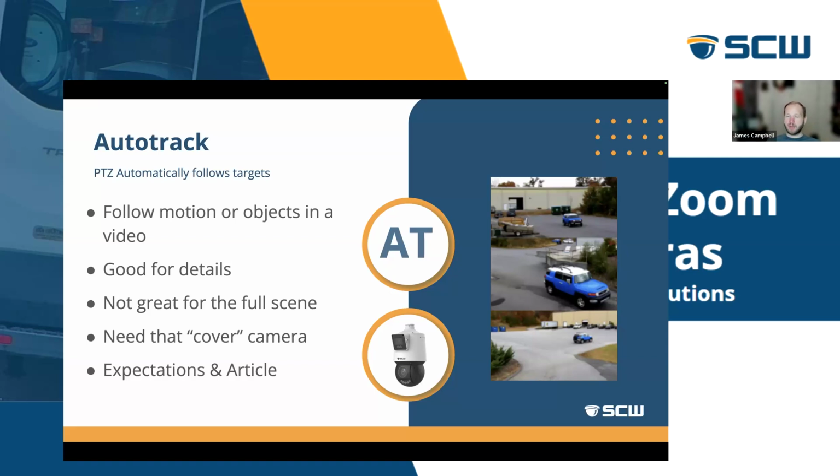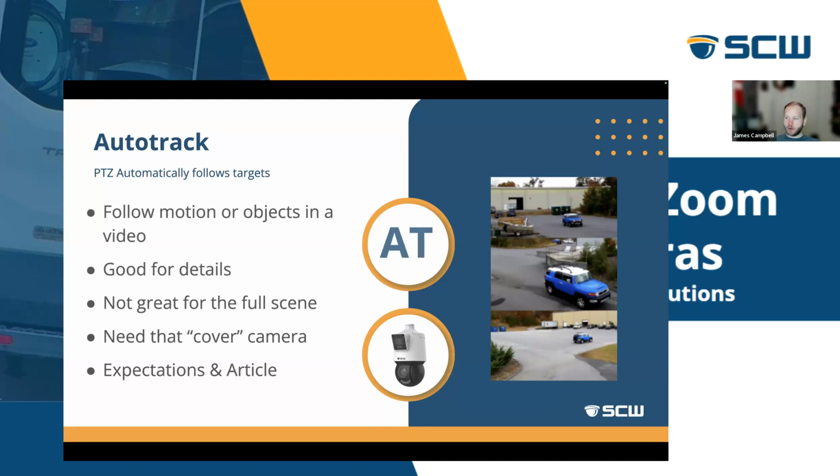People who tend to set them up like that are usually not very satisfied with it, to be honest with you. So you still need to have a cover camera, like I mentioned with the patrol. You're covering that parking lot, and then maybe you're using the auto tracking to get better details on the vehicles or the person walking around, so you get a clear look at the face that's maybe not possible with a big wide angle camera on your building, but it's working in tandem to get you the details you need.